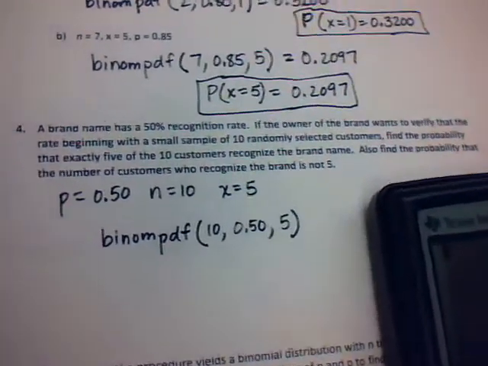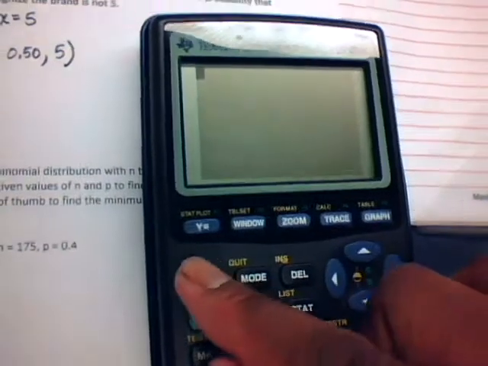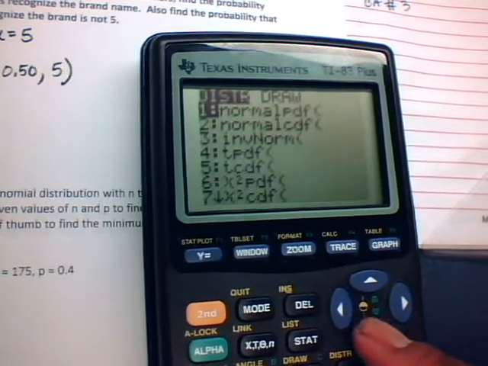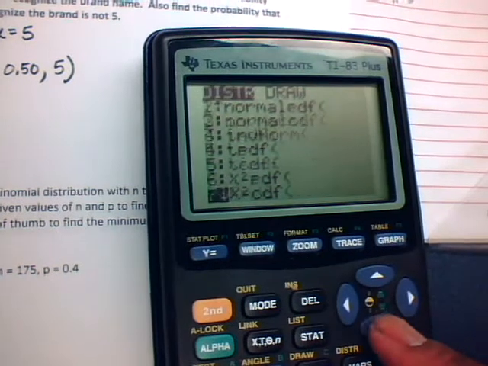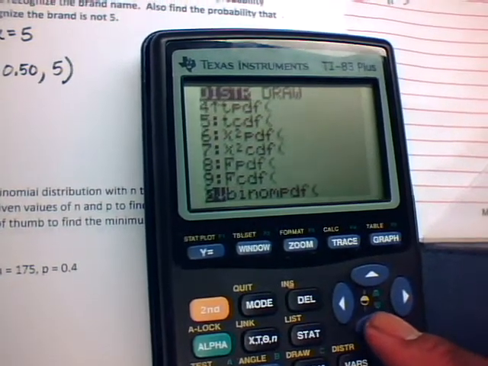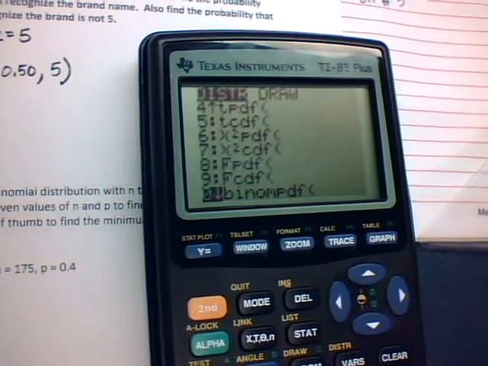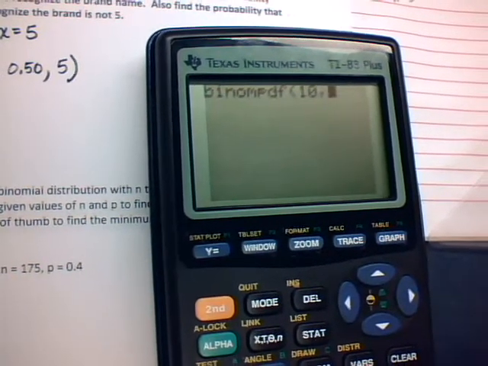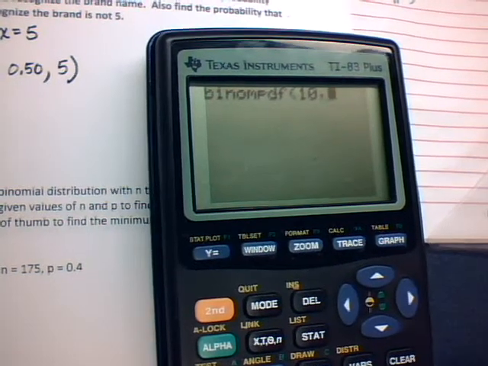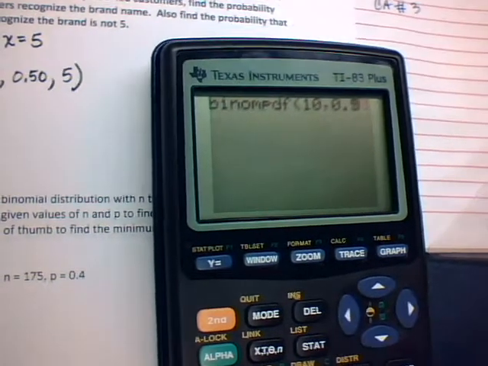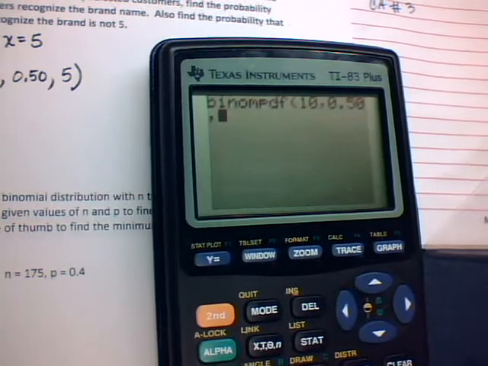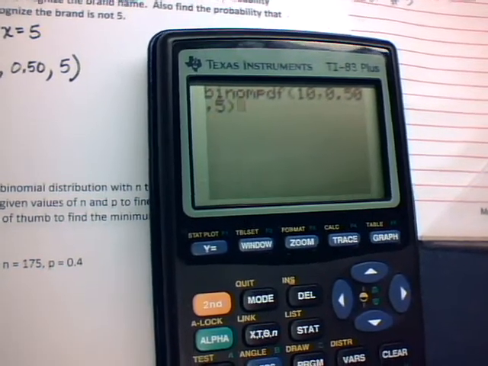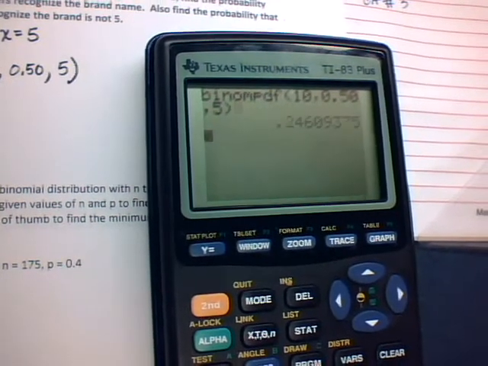So using the calculator, we go to second and vars for the distribution menu, and we hit our down arrow key to go to binomial PDF, and then press enter. We enter N, which is 10, then comma, the probability, which is 0.50, comma, and then X, which is 5, and then press your right parentheses, and then hit enter.